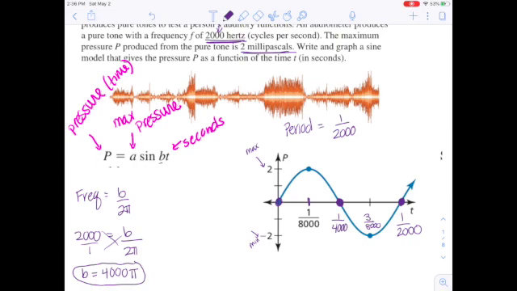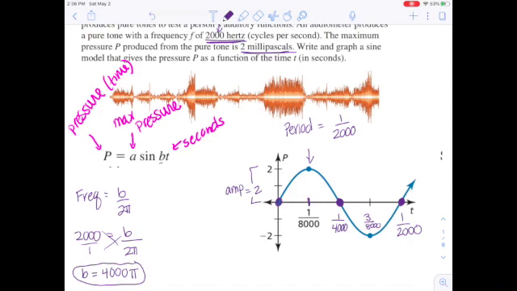We have to look for our amplitude, and because we had a maximum pressure, the max height of your graph is going to be up at that 2. We know our amplitude is measured from our midline, which would be y equals 0, all the way up to the max height. So our amplitude is 2.